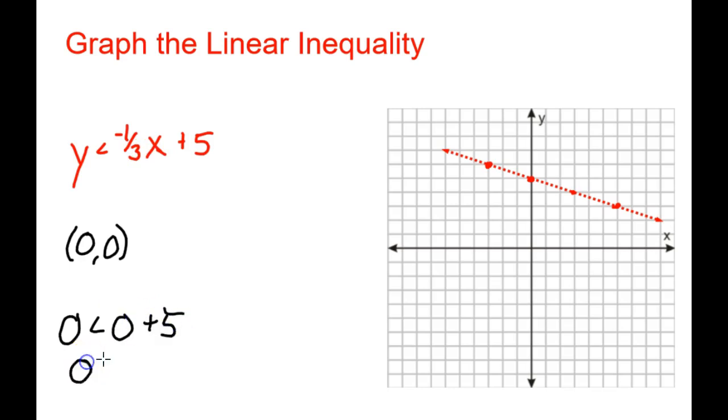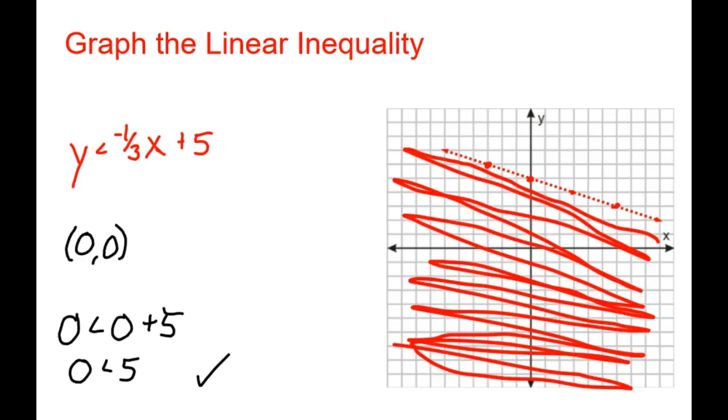So 0 is less than 5. That is a true statement. So if I pick the origin as my test point and I get a true statement, that means I'm going to shade the region where the test point occurs. If we had gotten a false statement, something that was not true when we plug that ordered pair in, then we would shade the opposite region of where that test point occurs.